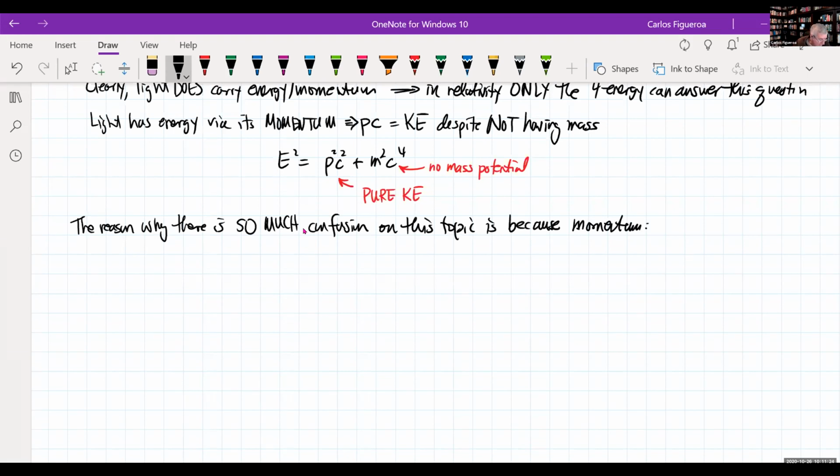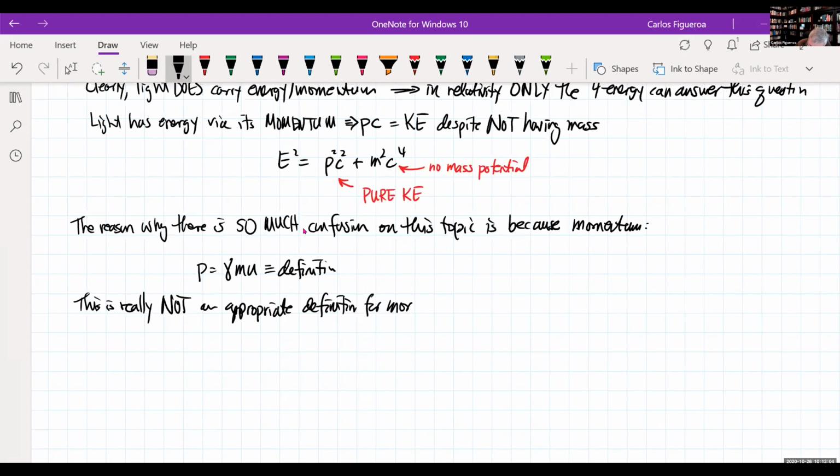What do I mean by that? Well, this momentum, this is our definition of momentum. And what you find here is that this is really not an appropriate definition for momentum.